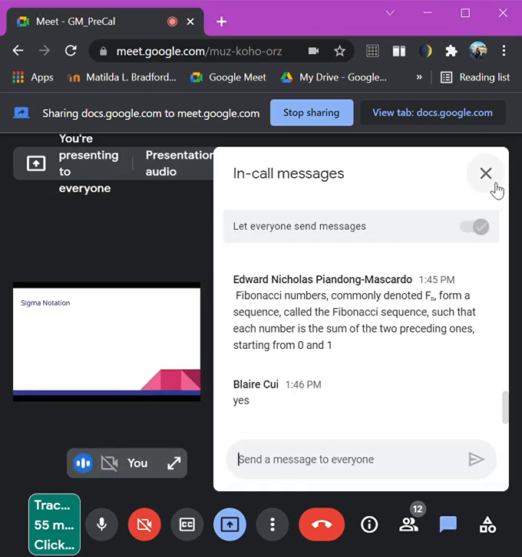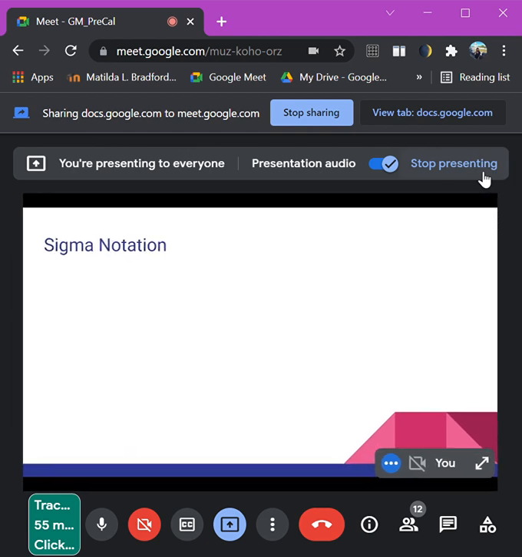Okay, unsa ganining sigma notation class? Ma-apply pud ba ni nato siya sa sequence or sa series?